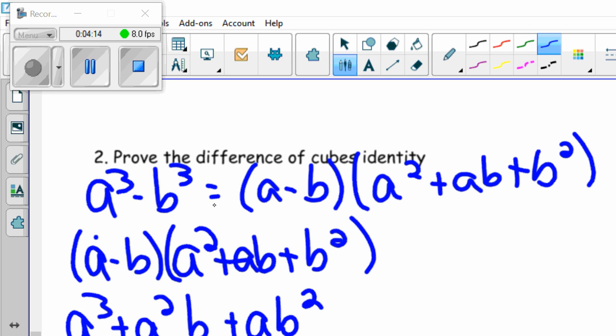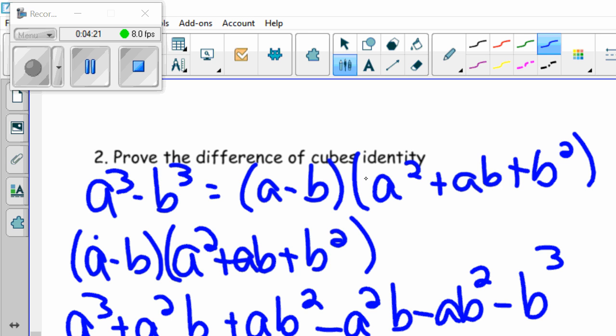Now multiply my negative b through, so I get minus a squared b minus ab squared minus b cubed. Combine like terms. A cubed, a squared b's cancel each other out, ab squareds cancel each other out, and I'm left with minus b cubed. So we just proved a cubed minus b cubed is equal to a minus b times a squared plus ab plus b squared. Okay.